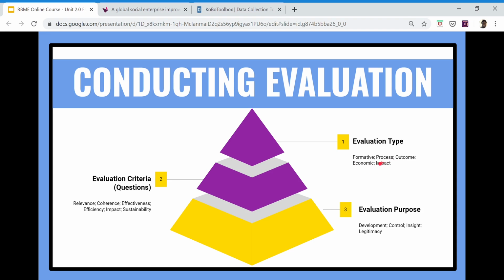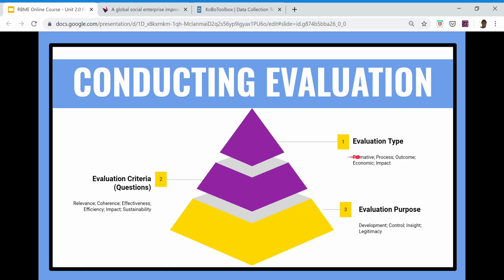Or it could be an impact evaluation, which is an evaluation done at the end, when the program finishes, right? Maybe 1 year or 2 years after the program, which is what we refer to as ex post evaluation. Also, it's important to think about formative evaluation as an ex ante.